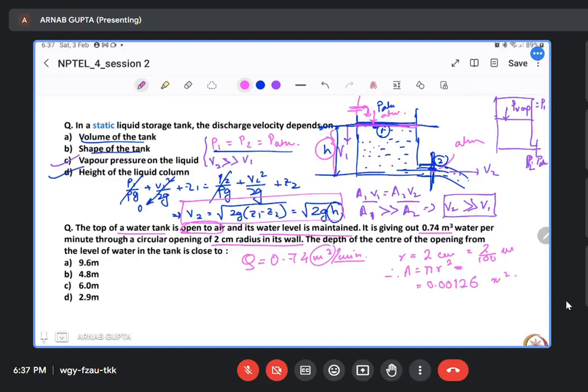this much say. So from here you will get the velocity since you would be knowing that Q is equal to A into V. So here this A is nothing but A2. Okay. So I'm writing here A2 into V2, which is again equal to A1 into V1. So from here V2 will be how much?